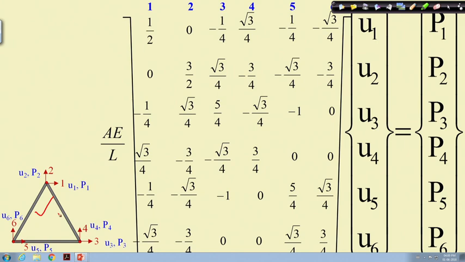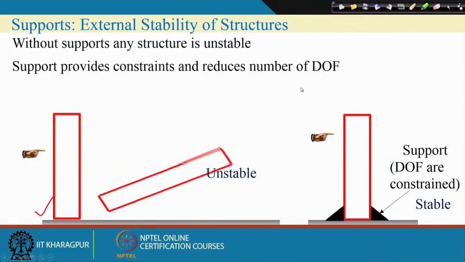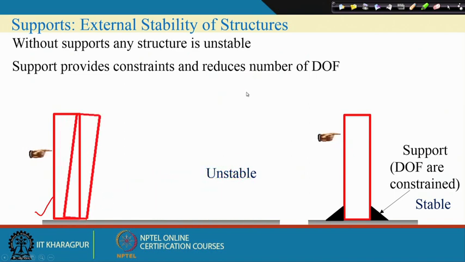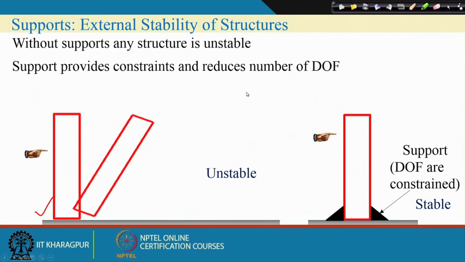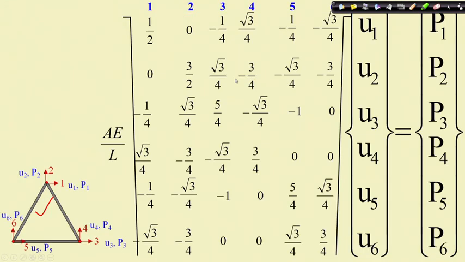If we don't give any constraint, then the structure is unstable, right. In order to make the structure stable, we have to reduce some of the degrees of freedom of the structure. We have to provide some constraint, and that is exactly what we have to do here as well.